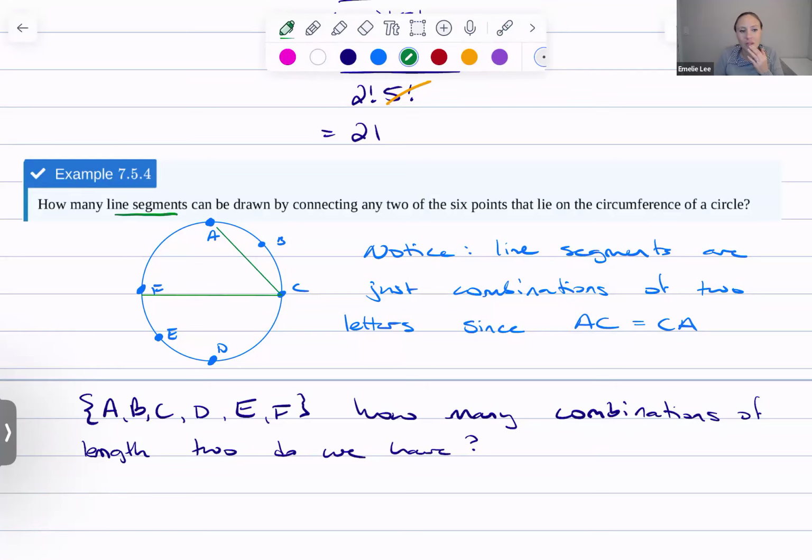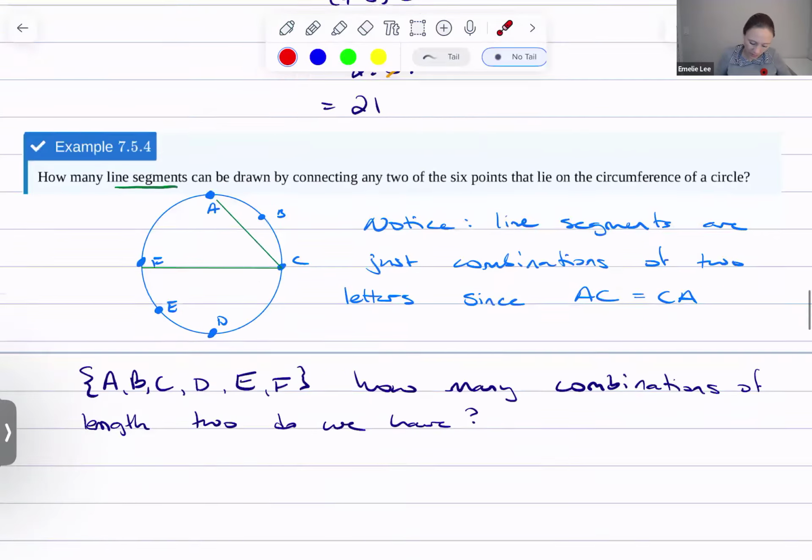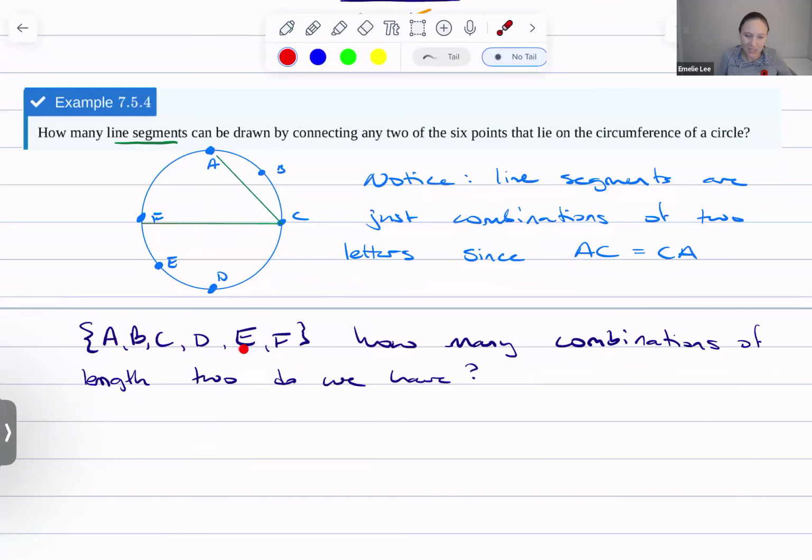So what we can boil it down to is something that we've seen before, right? From A, B, C, D, E, F, 6 points on a circle, how many combinations of length 2 do we have?